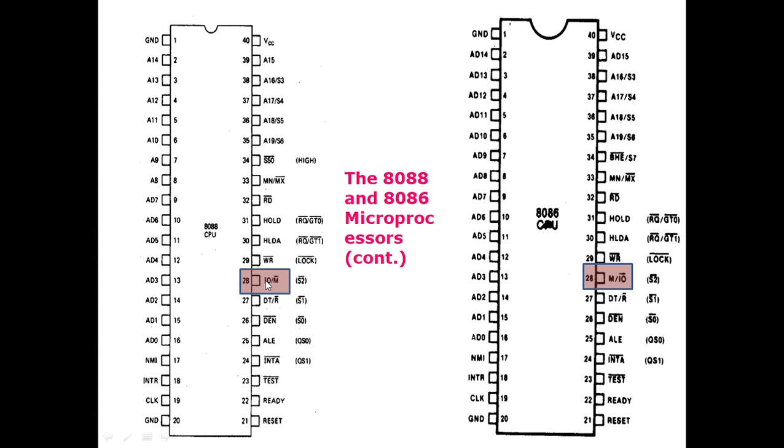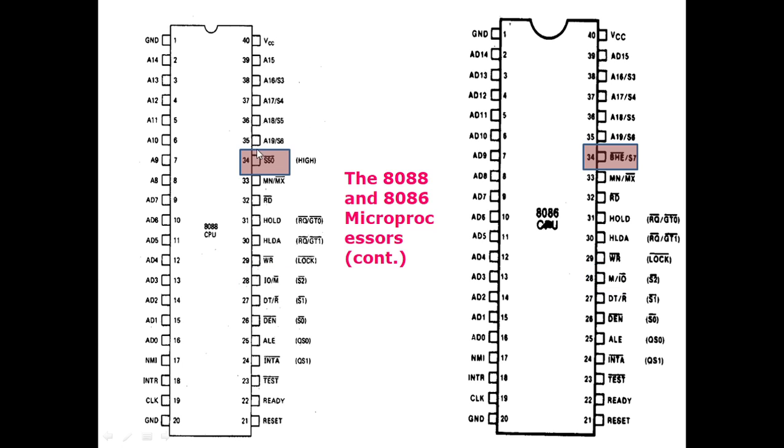But in the labeling in 8088, IO comes first, while here memory comes first. So when a 0 is sent through this pin, memory is accessed, and when a 1 is sent, input and output devices are accessed. That is the difference between the two in this pin.